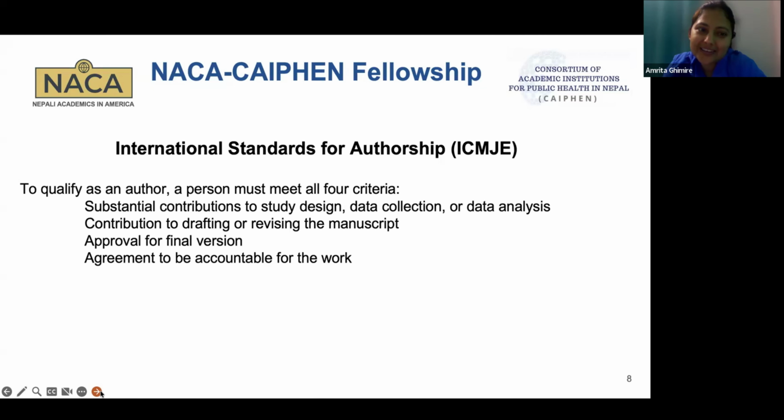Yeah, but I need to convince you depending on those four criteria. Yeah, so think about those criteria. And in Nepal, it's very common for senior people to be in the manuscript. It's actually more common than we think it is, even if they have not read it even once.